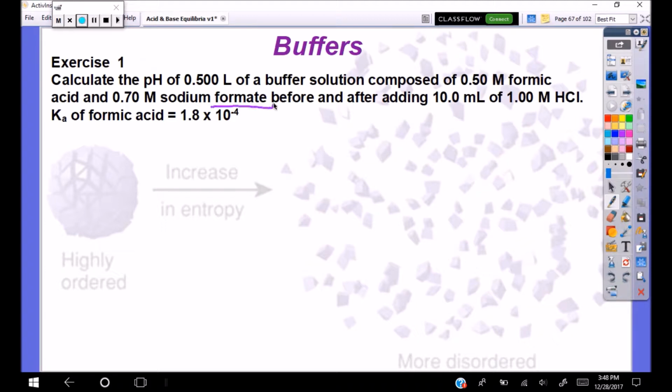Sodium formate, if you see that, they're talking about our A minus there. So we really can put this in terms of HA. Here's our HA concentration. Here's our A minus concentration, right?